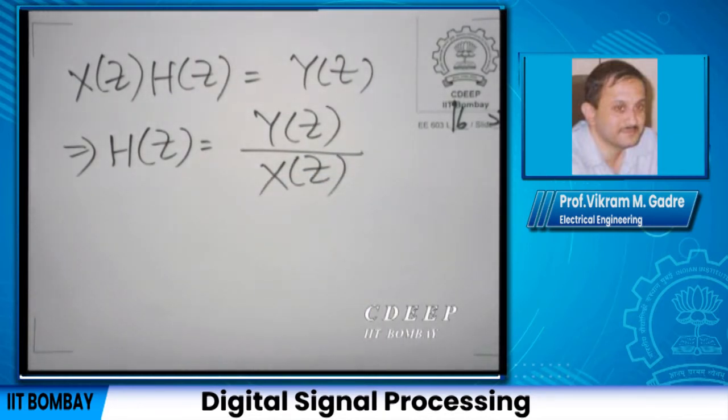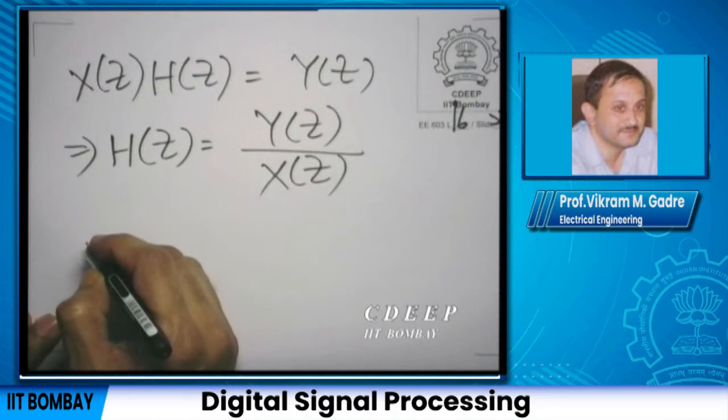This also tells us something about LSI systems. If this ratio is independent of the input, then the system is LSI. So, in the Z domain, the fact that the output Z transform divided by the input Z transform is independent of the input makes the system LSI.